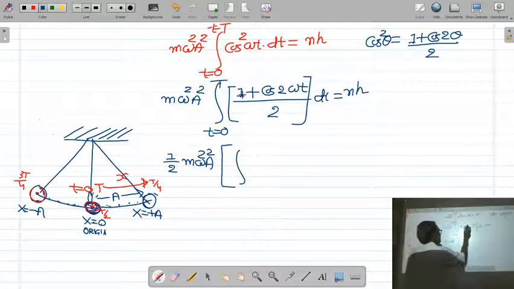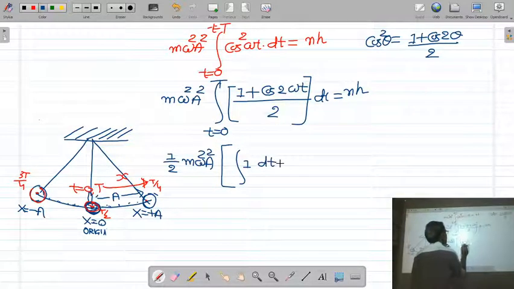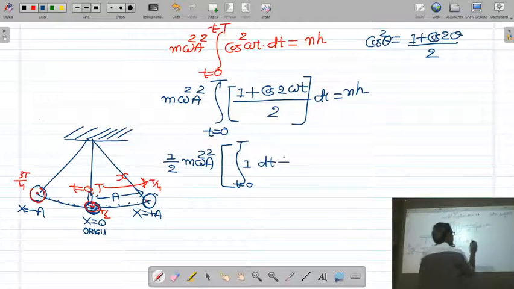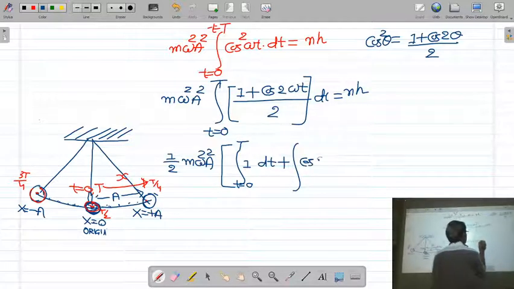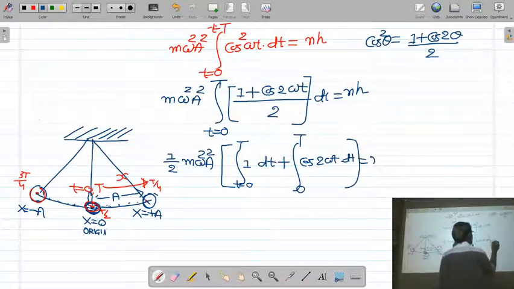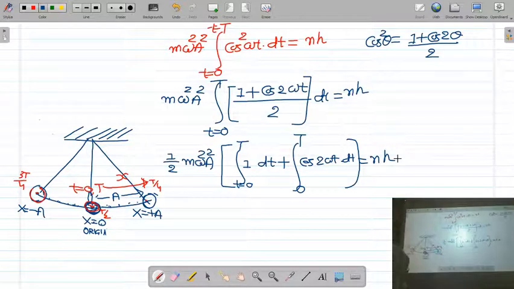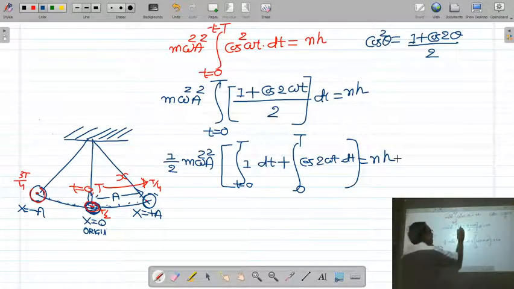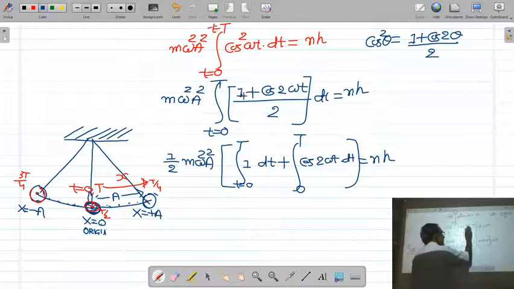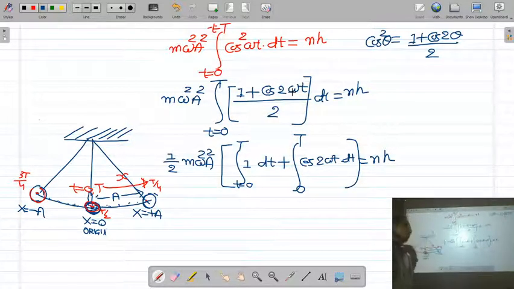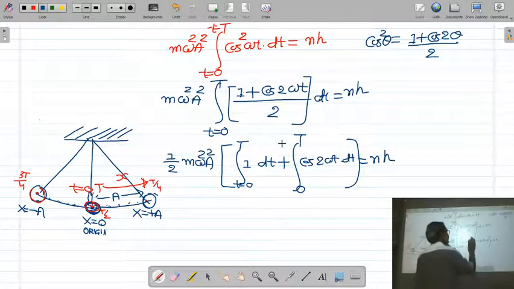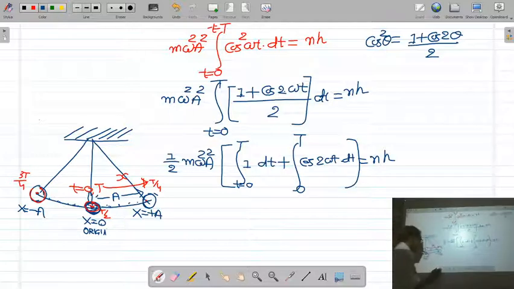The first integral is 1 dt from 0 to T, plus the second integral, which will be cos 2 omega t dt from 0 to T, is equal to nh. The limit is from 0 to T. Okay. Now let us solve this.